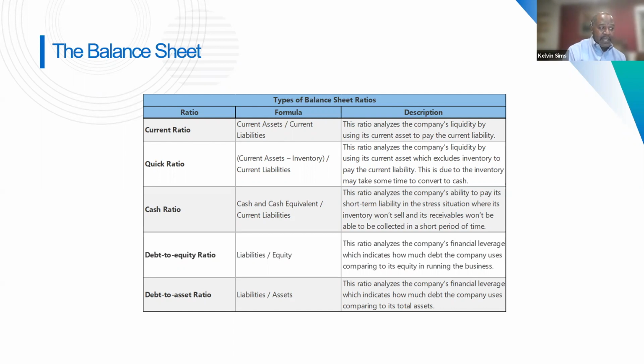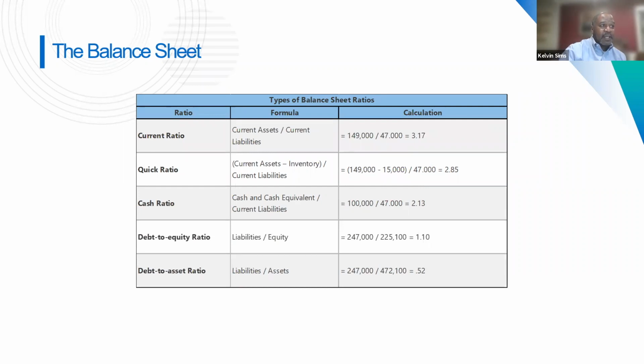And then the debt to asset ratio: our liabilities to our assets. Again, this is looking at the leverage that a company has, and how much debt it is using versus its total assets.